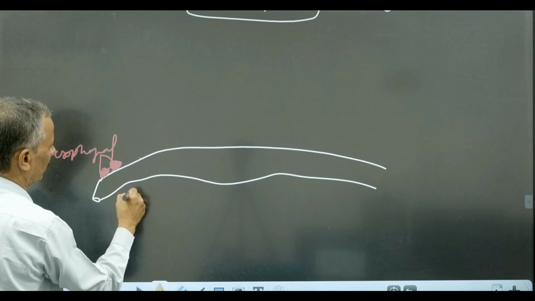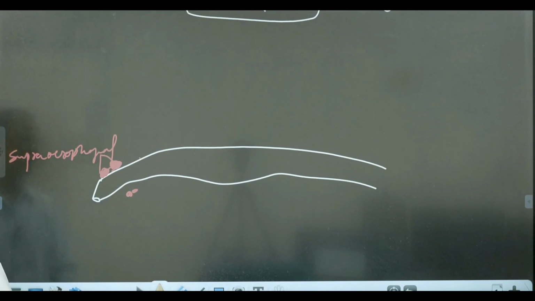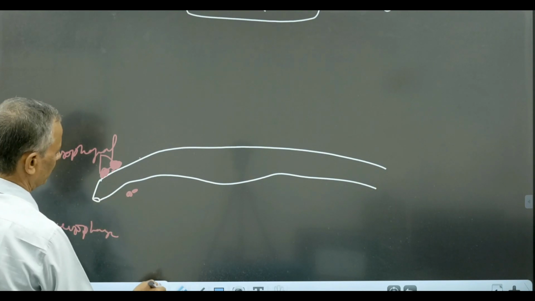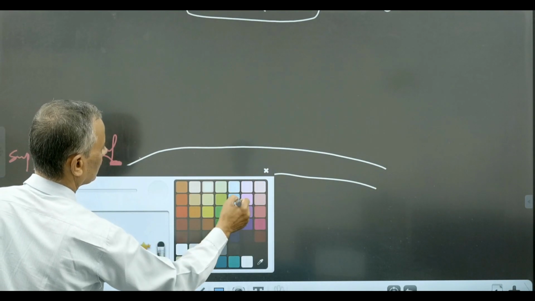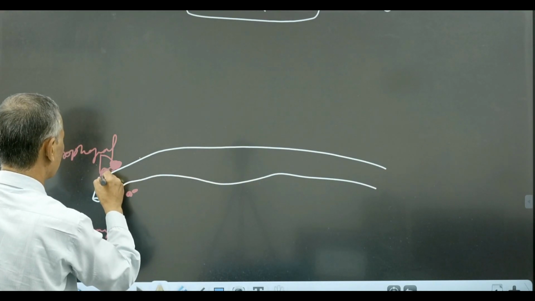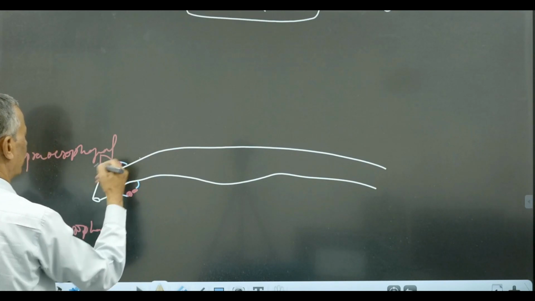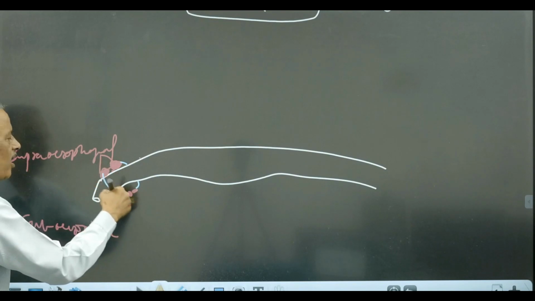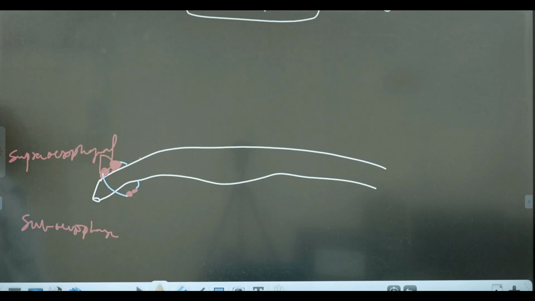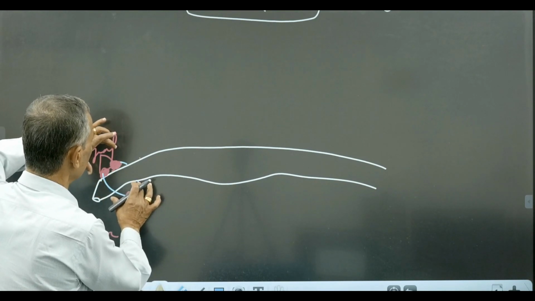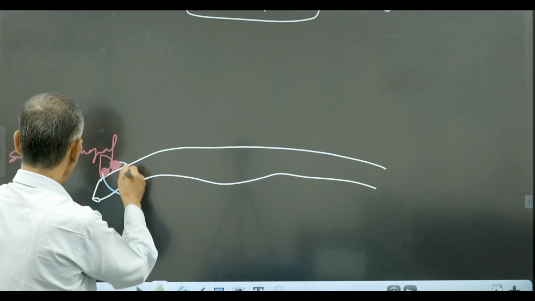Lying below the esophagus, you have a pair of small ganglia forming the subesophageal. The supraesophageal acts as the brain, and they are connected to the subesophageal by means of a pair of connectives. Thus, it forms a nerve ring around the anterior part of the alimentary canal called the esophagus. So, there is a nerve ring around the esophagus.